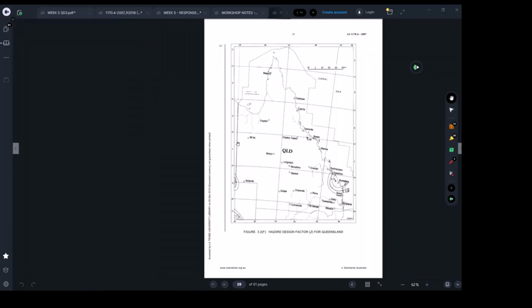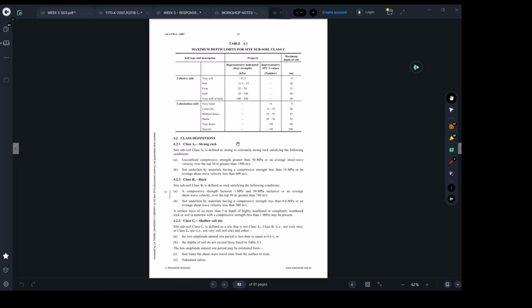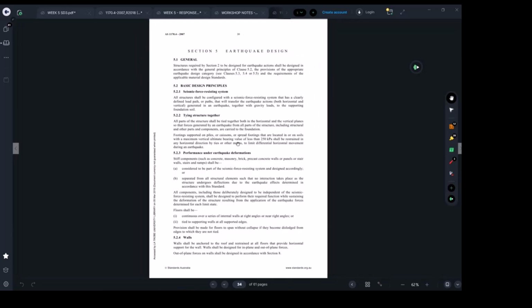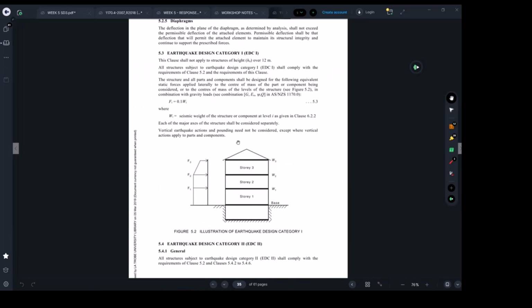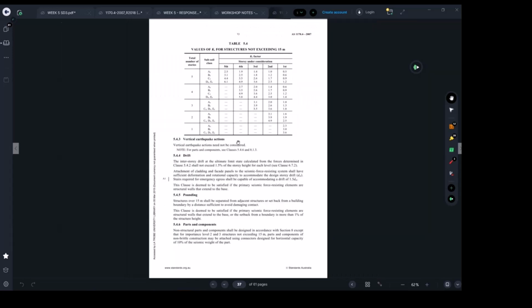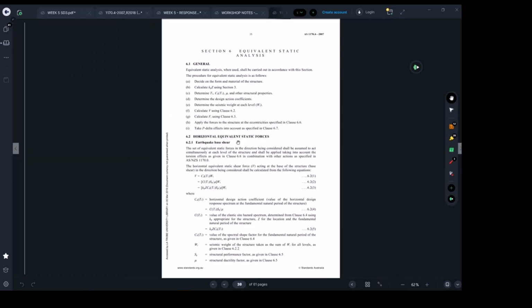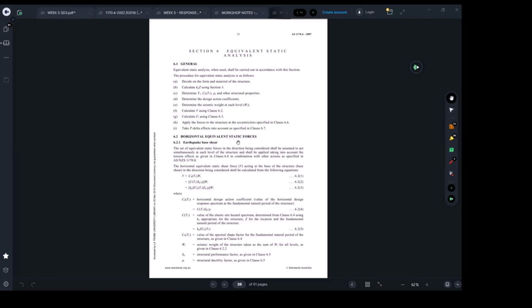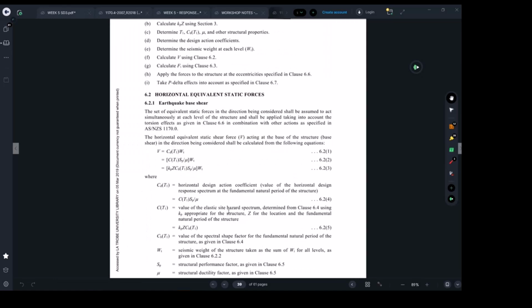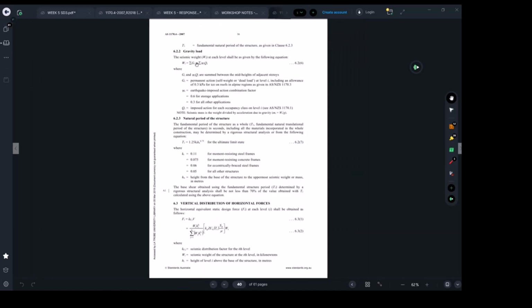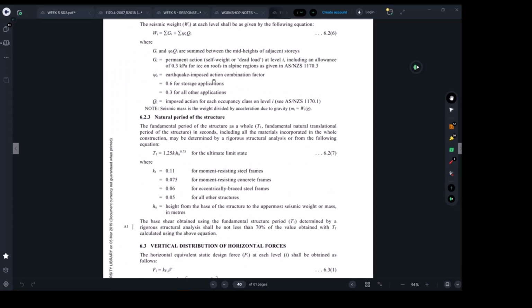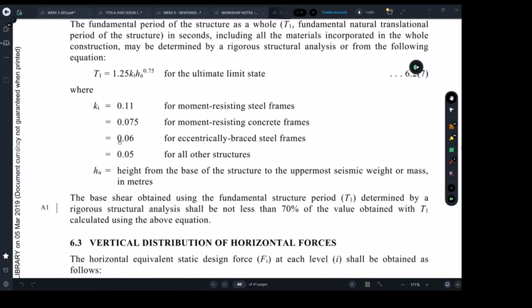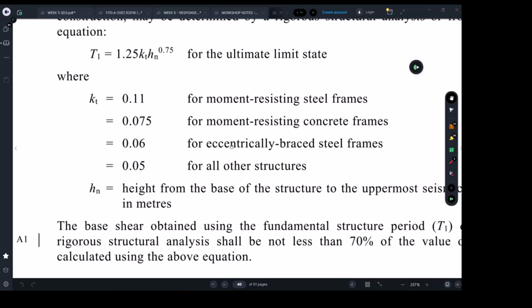You remember? For T1, I think there is a formula, and it says 1.25 kT Hn to the power of something. Here we go. Yes, this formula.